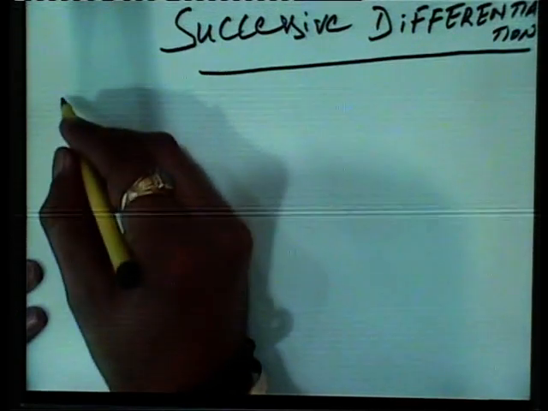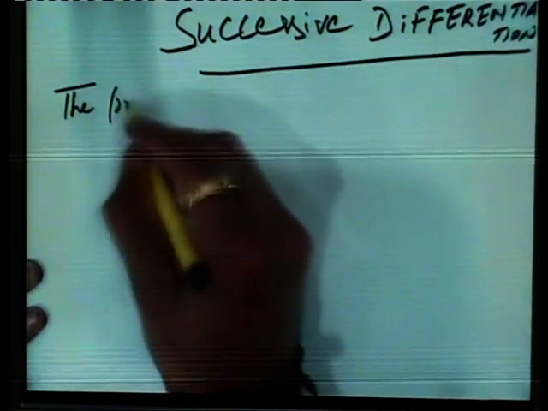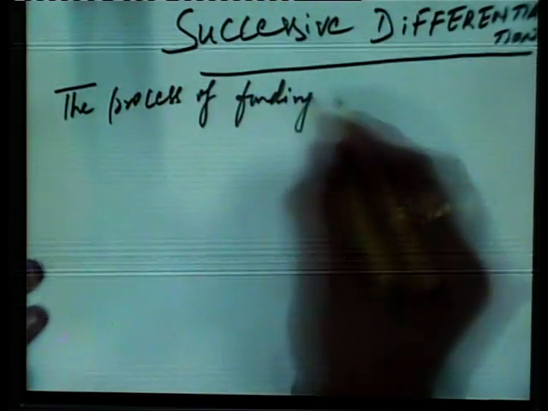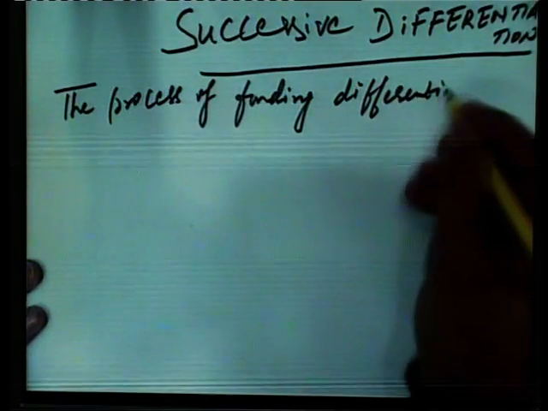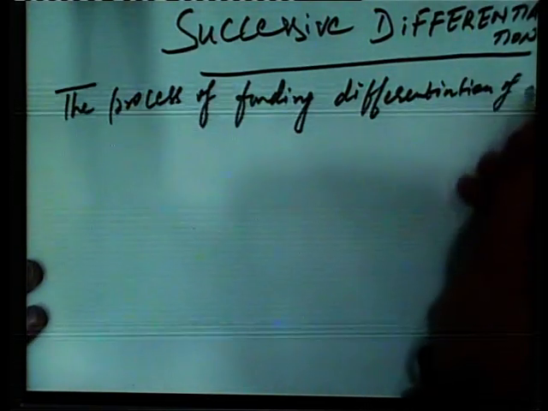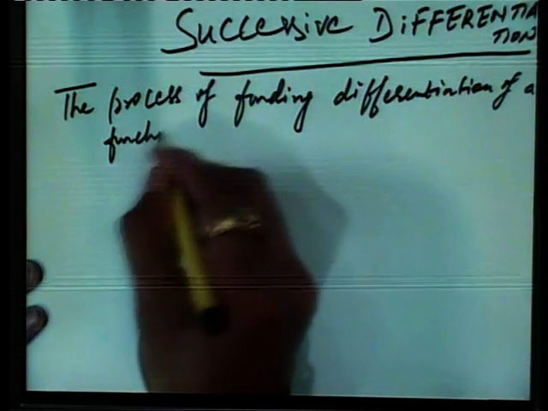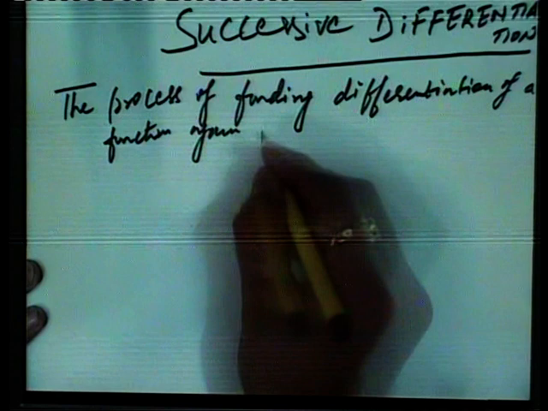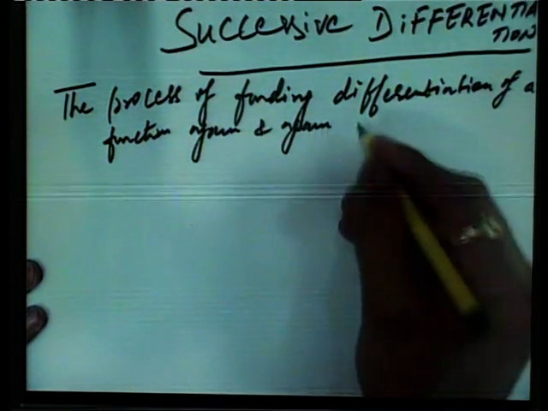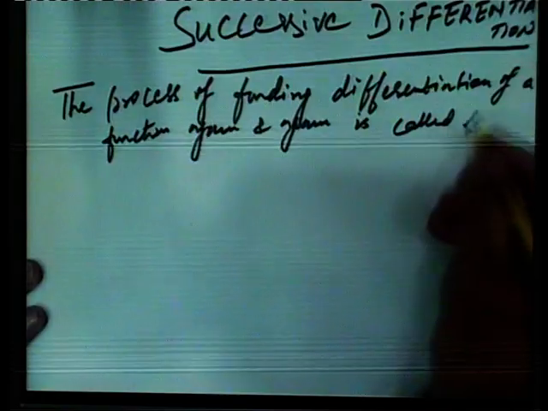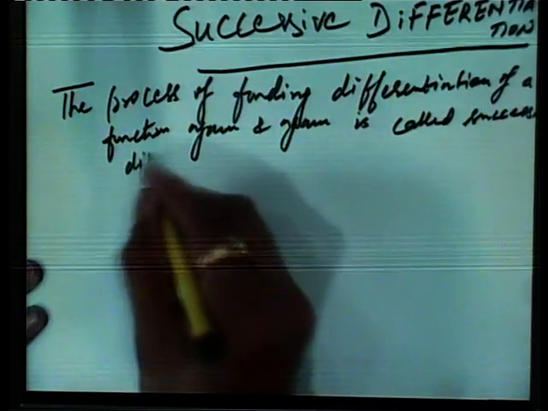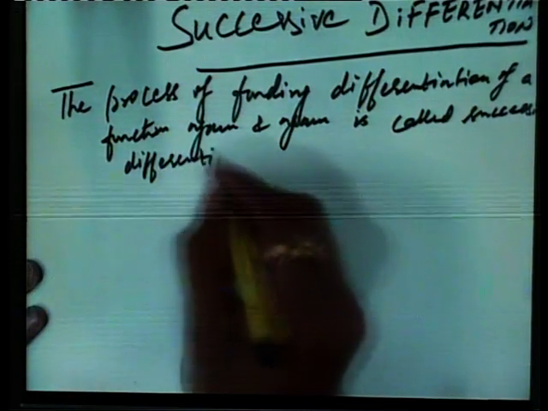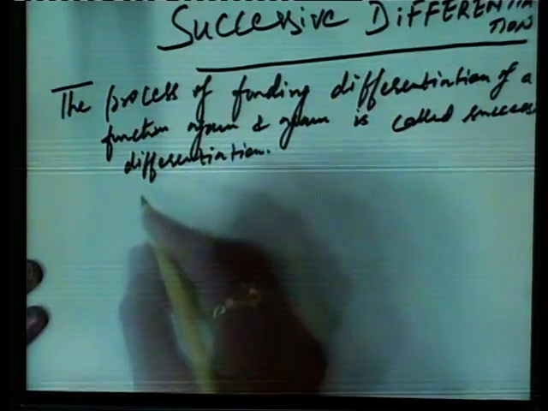The process of finding differentiation of a function again and again is called successive differentiation.